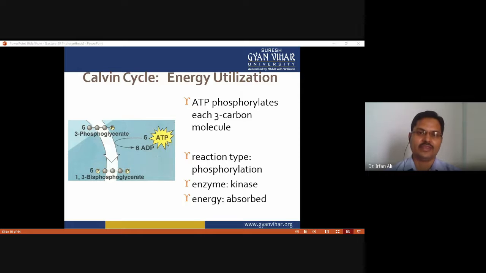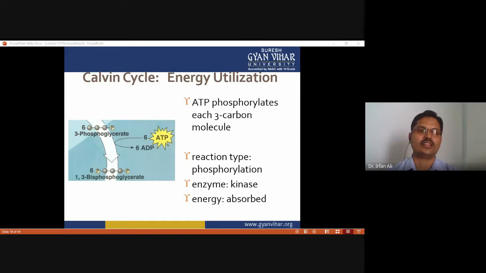utilized. ATP phosphorylates each 3-carbon molecule. If we talk about the reaction type, this is a phosphorylation reaction, because at this step ATP is hydrolyzed, in which one phosphate is released, which is utilized for the conversion of 3-phosphoglycerate into 1,3-bisphosphoglycerate. All reactions of this type are called phosphorylation.